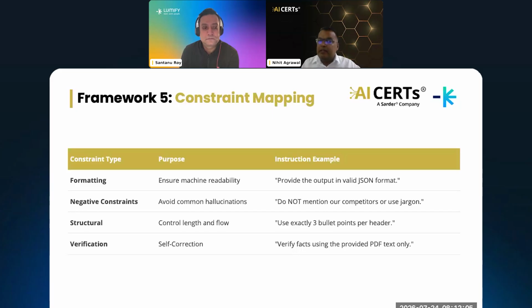In prompt engineering, constraints are the instructions that tell AI how to work, what to avoid, how to structure the answer, and how to verify its output. In many cases, the difference between an average response and an excellent response comes down to the quality of the constraints that we provide. You can think of constraints as guardrails. When you drive on a highway, guardrails help you to keep on the correct path.